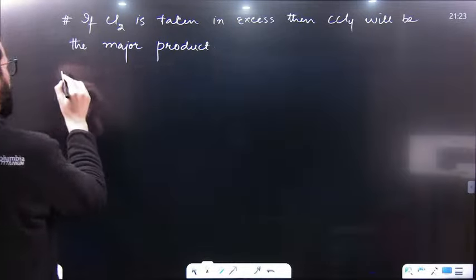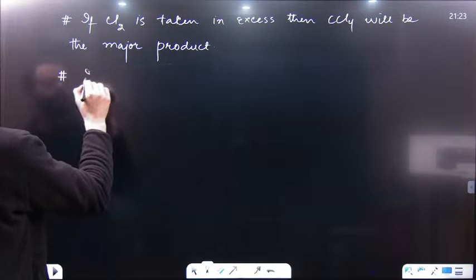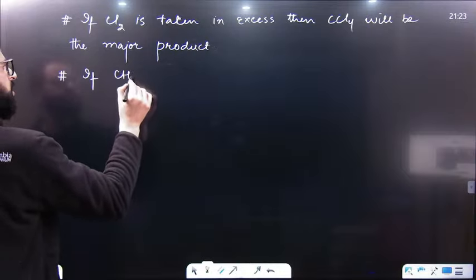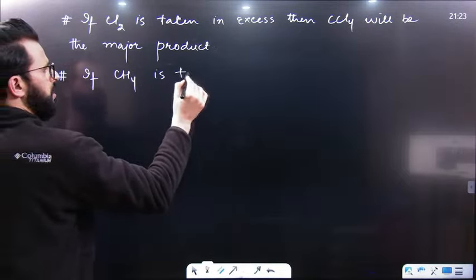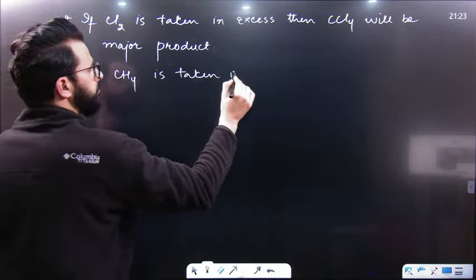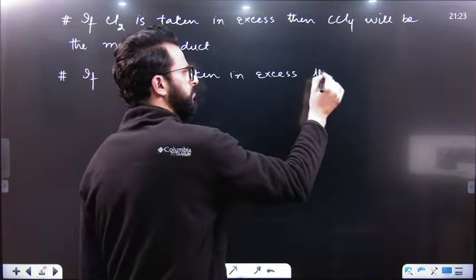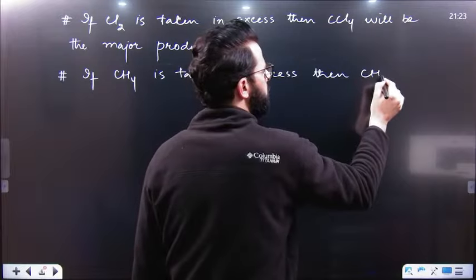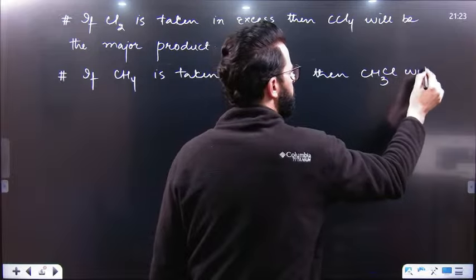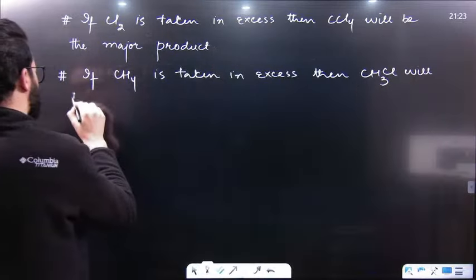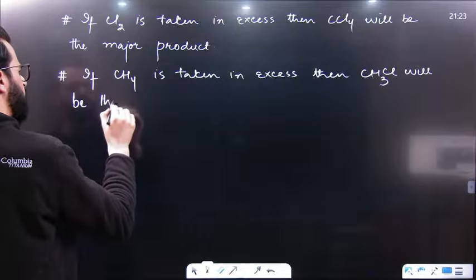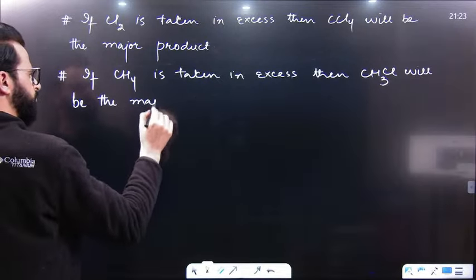Then point number two, if CH4 is taken in excess, then CH3Cl will be the major product in the above reaction.